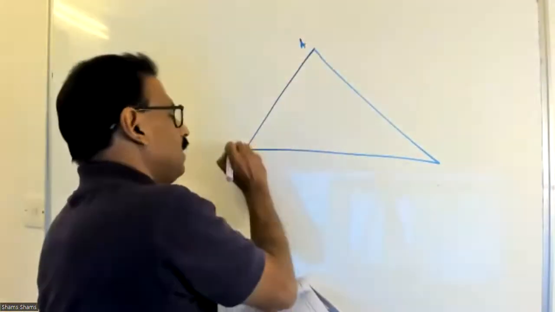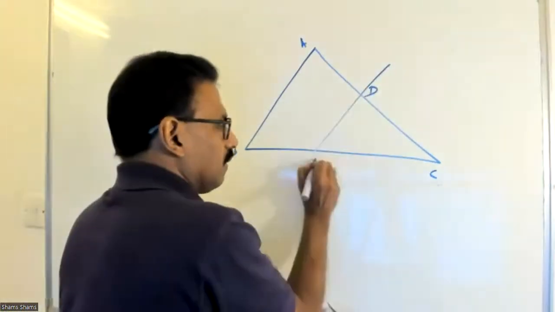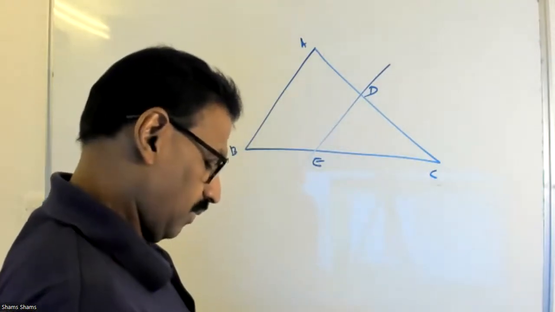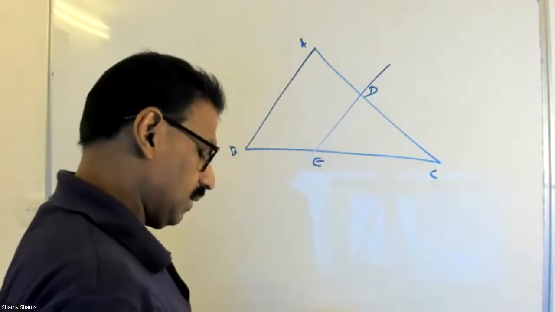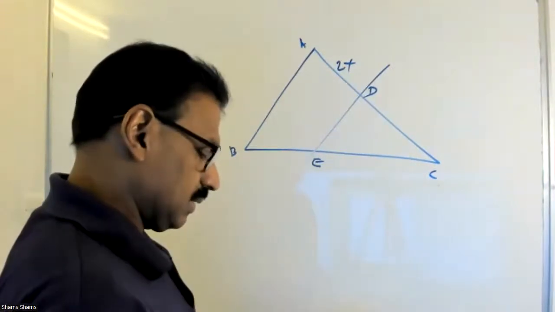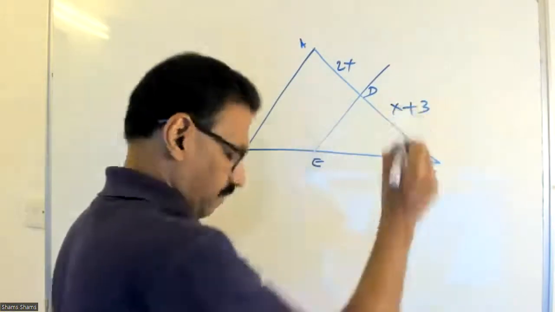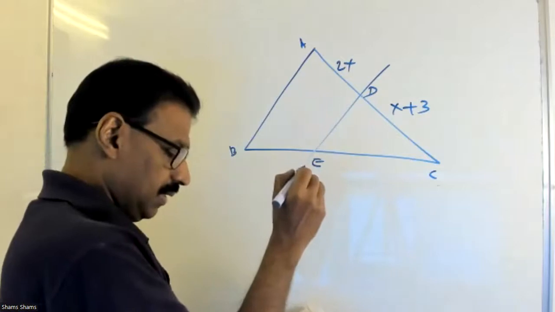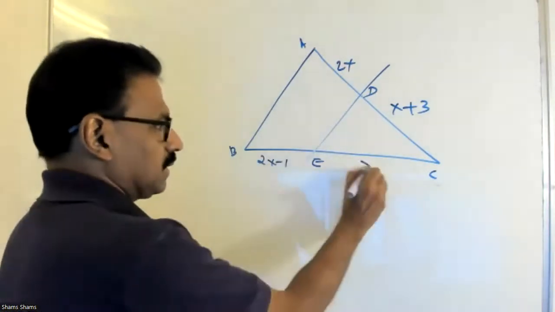A, B, C. Okay. D here, E here. DE parallel to AB. AD equal to 2x, DC is x plus 3, BE is 2x minus 1, CE is x.